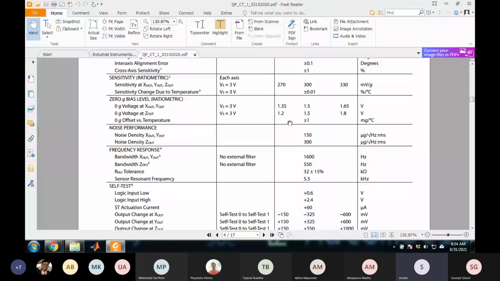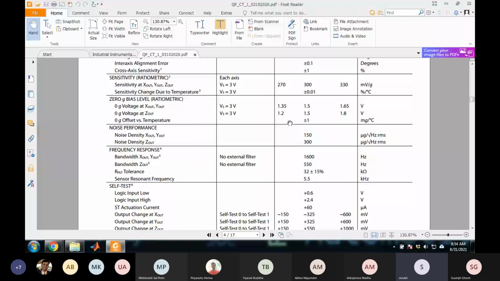What is the sensitivity? Volt output sensitivity. I think it's 300 millivolts per G, right? Yes, sir. So 300 millivolts per G is the sensitivity, and we are having plus minus 20 milli-G.